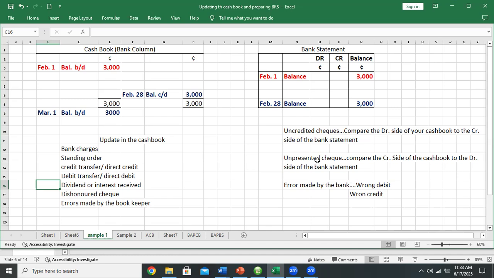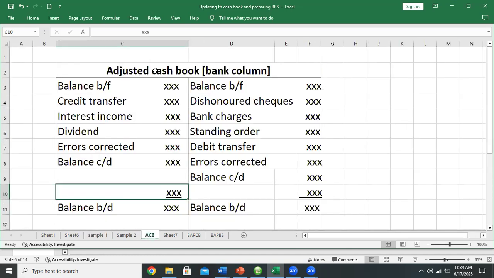Okay, so let's look at the adjusted cash book or updated cash book, right? So your cash book bank could have a debit balance, right? Or a credit balance. And last time I told you, if your cash book bank is showing a credit balance, then that is called a bank overdraft.